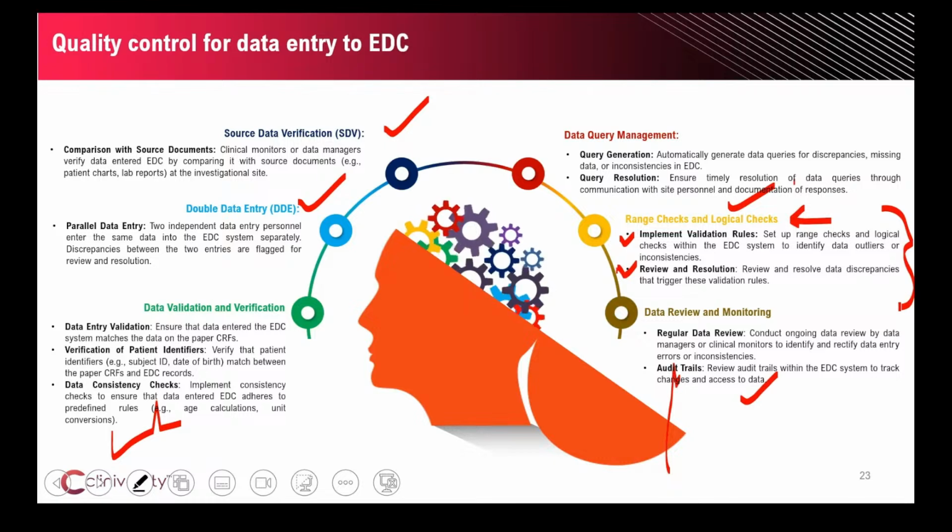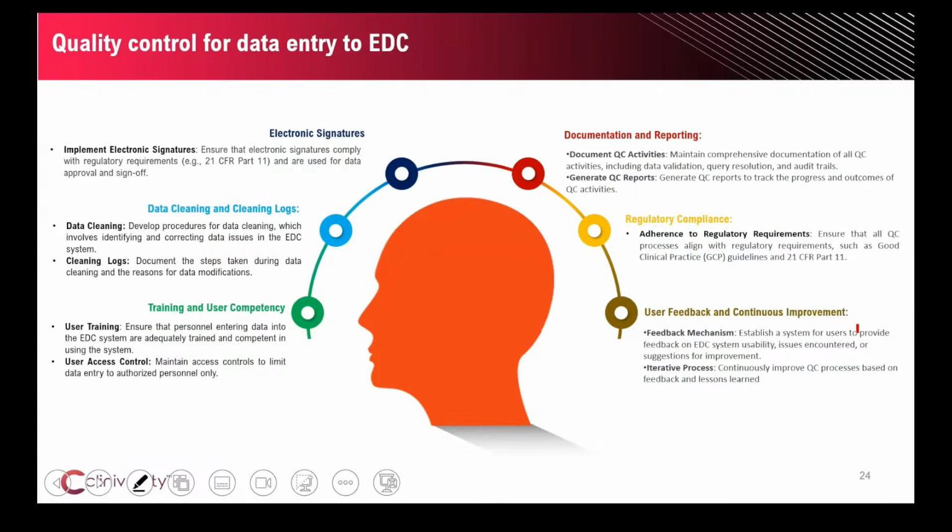As soon as the query is closed, they again revert to the original values which led to the query. Therefore, ongoing review of the data is absolutely essential. And this ensures that the data is constantly being checked for any logical errors. Then we have the audit trail, which will track the changes and the access to data.